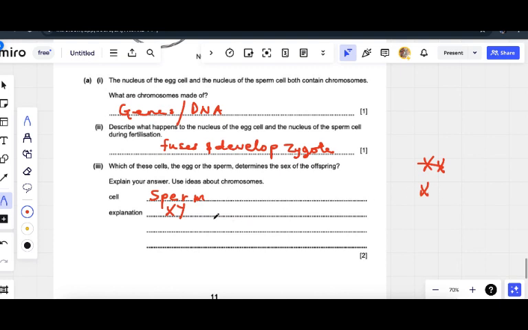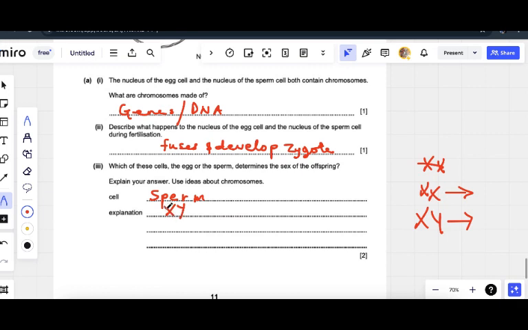When the X from the sperm cell meets with the X in the egg cell, it becomes a female. When the Y from the male joins with the X from the female, it becomes a male. So this is how the sperm is responsible for the sex, whether male or female.